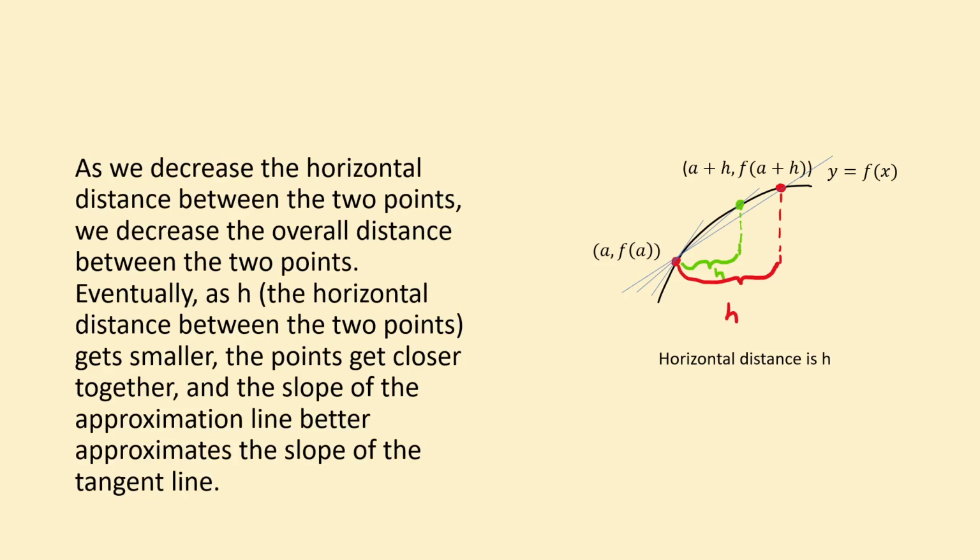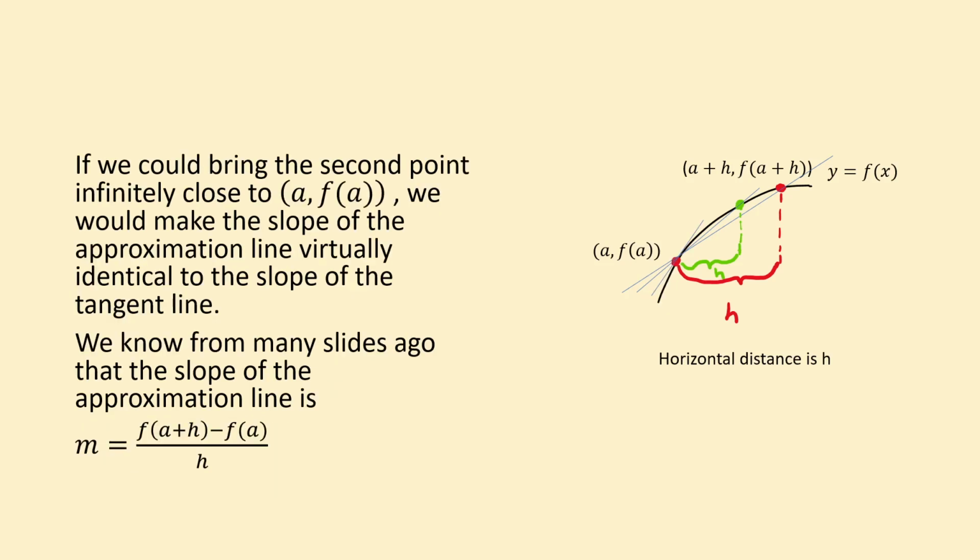Eventually, as h, the horizontal distance between the 2 points, gets smaller, the points get closer together, and the slope of that approximation line that I keep on redrawing better approximates the slope of the tangent line that we're trying to figure out, and that's that line right there. So if we could bring that second point infinitely close to A, f of A, we would make the slope of the approximation line virtually identical to the slope of the tangent line.